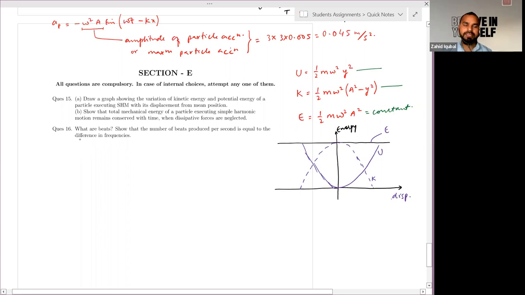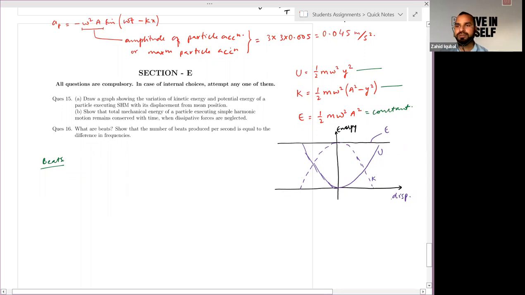Next, in question number 16, first, what do you mean by beats? So you'll say beats is nothing but when two sound waves having same amplitude, same phase, and slightly different frequency propagating along same direction superimpose over one another, it will produce a combination of loud sound and faint sound.